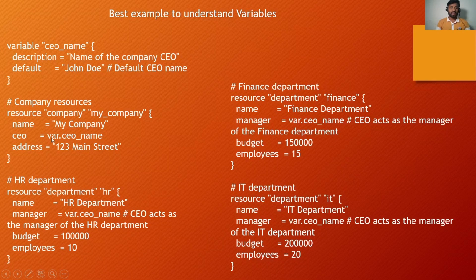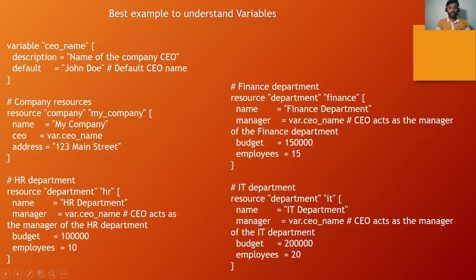So in this case here, we have used the CEO name. See how we use it here. While using variables, we need to use var dot and then the variable name. See, var.ceo_name. This is the ceo_name we had given for the variable, and var dot means this is the variable name.